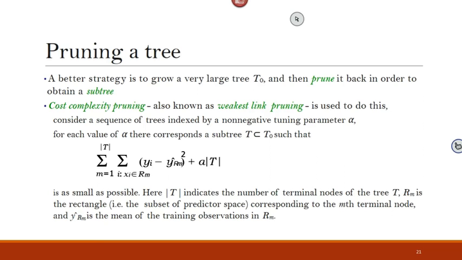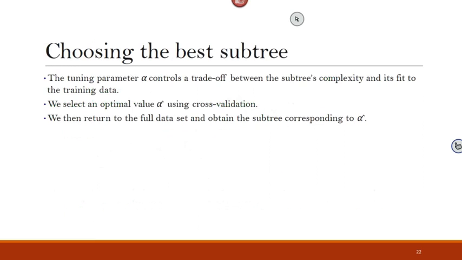So you have a big tree, and then you try to find a smaller tree, or a subtree, inside this big one that will have the best validation accuracy for us. So this is how we choose the best subtree, and that's basically by cross-validation we will determine the value of alpha.